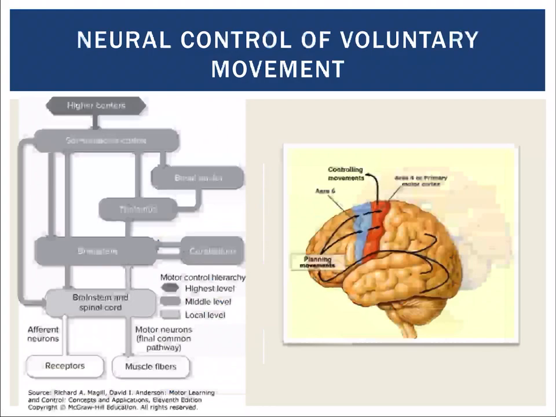So the first step, to carry out goal-directed movements, the motor cortex must receive a variety of information from all the different brain lobes. That's where it starts. And we've talked about the basal ganglia before, in this case basal nuclei.